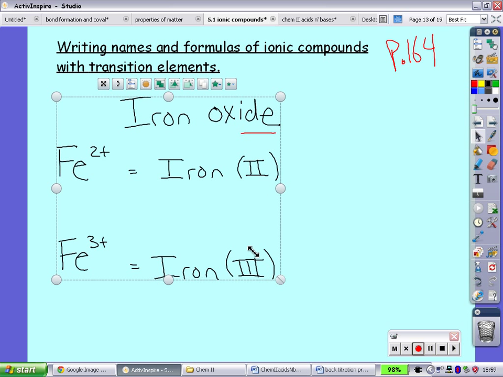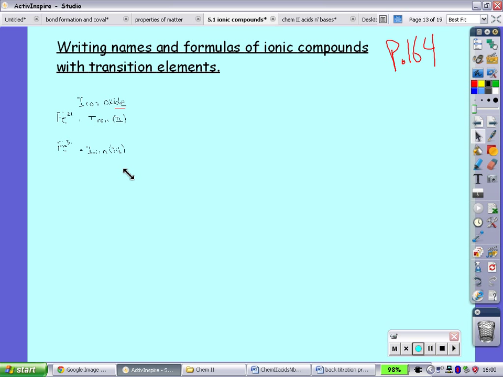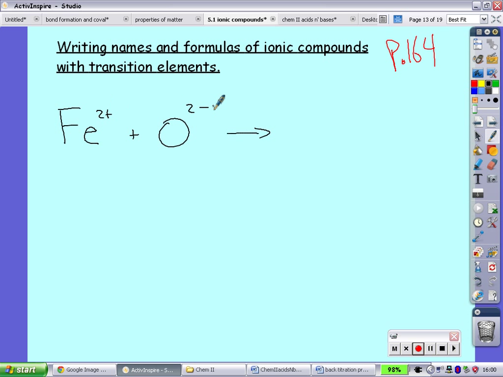So, for a compound that contains iron 2 with oxygen, we know the oxide ion, since it's in group 16, is 2-. So those cancel each other out immediately. 2 minus 2 is 0, so we would just write FeO.